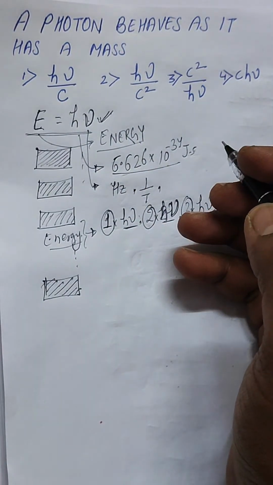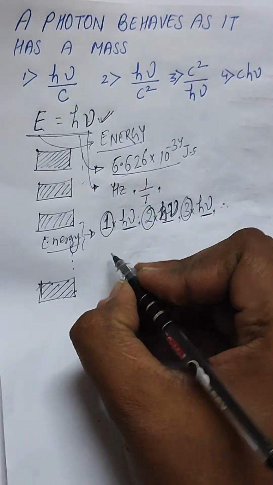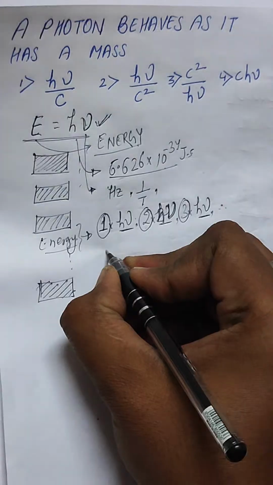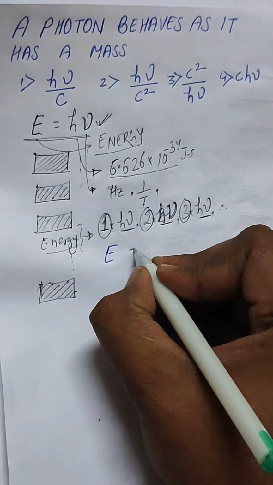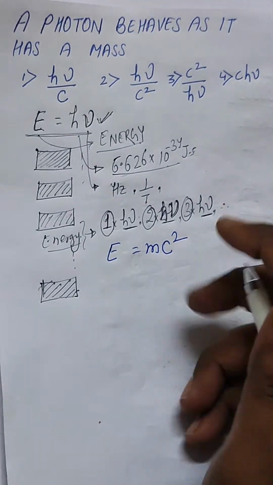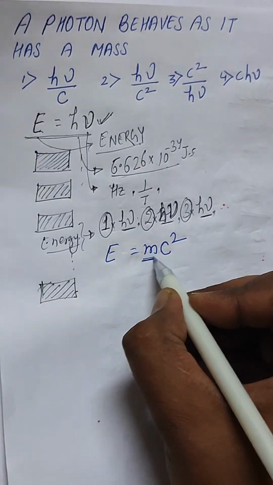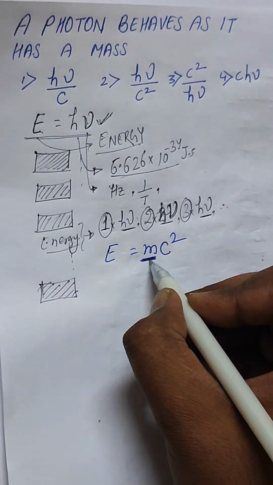Now the other equation which I want to bring in, with the relation of mass and energy, is given by Einstein. If you remember, E is equal to mc square. Here the energy is considered for the photon, where the mass of the body is taken into consideration.